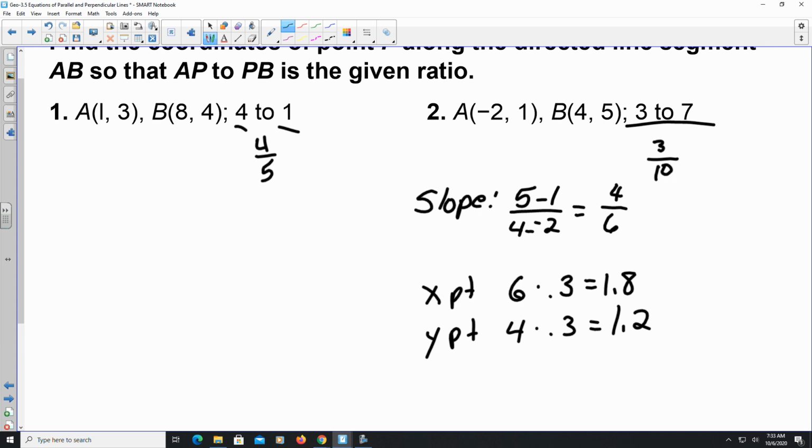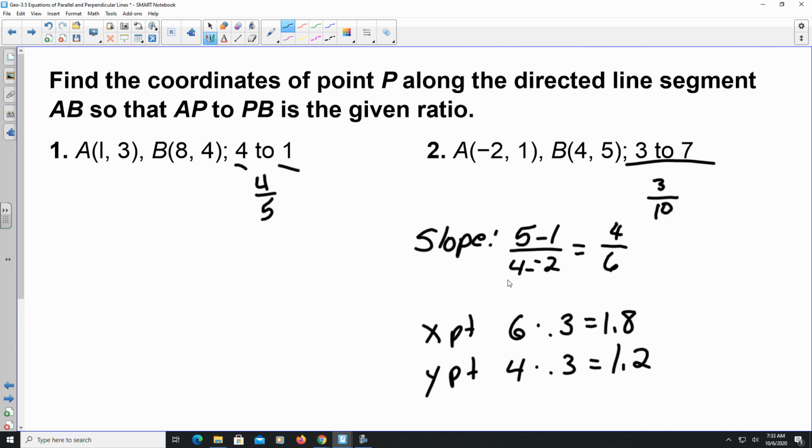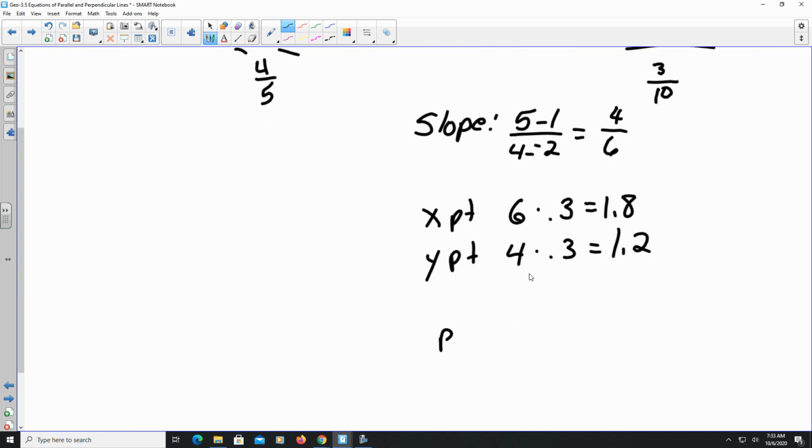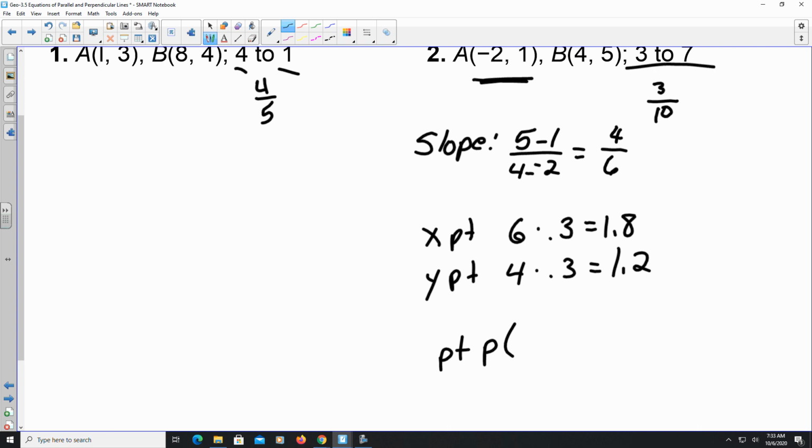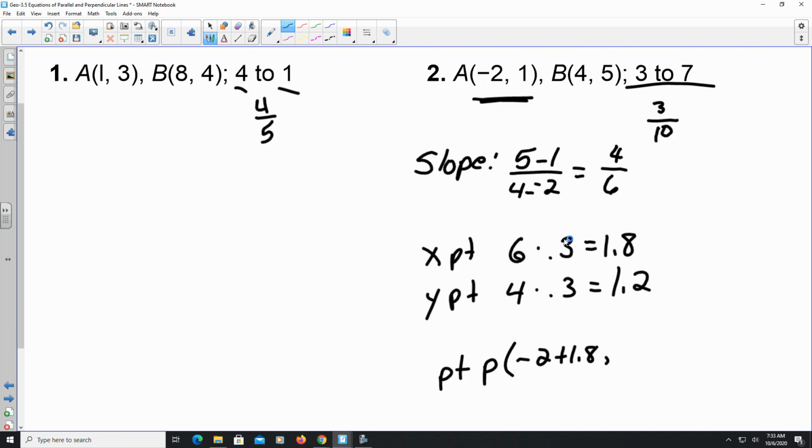To find point P, we're going to take this point here, negative 2, and add it to 1.8, comma 1, and add that to 1.2. So point P is going to be negative 0.2, comma 2.2.